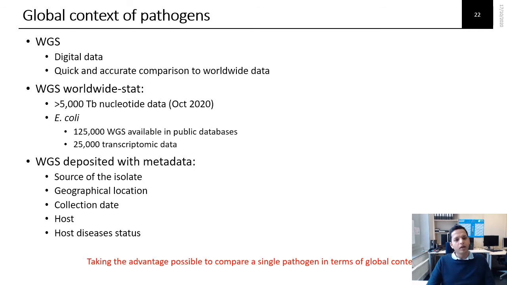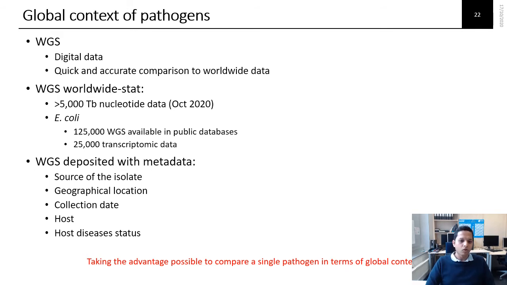As of today, worldwide data show that we have more than 5,000 trillion bases of nucleotide data for bacteria. Specifically for E. coli, we have more than 125,000 whole genome sequences available in public databases, and more than 25,000 transcriptomic datasets, which you can download and analyze.